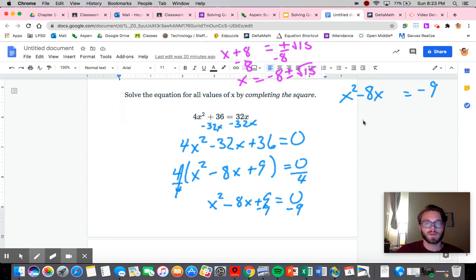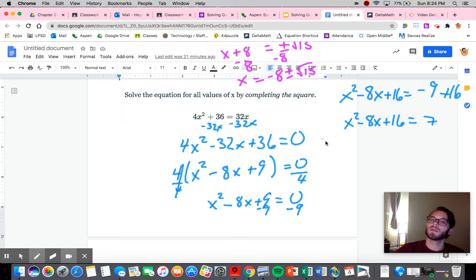To solve this next part, we again have to take b, divide it by 2, and then square it. Negative 8 divided by 2 is negative 4. Negative 4 squared is 16, so I'll add 16 to both sides. All right, so I get x squared minus 8x plus 16, and that is equal to 7.